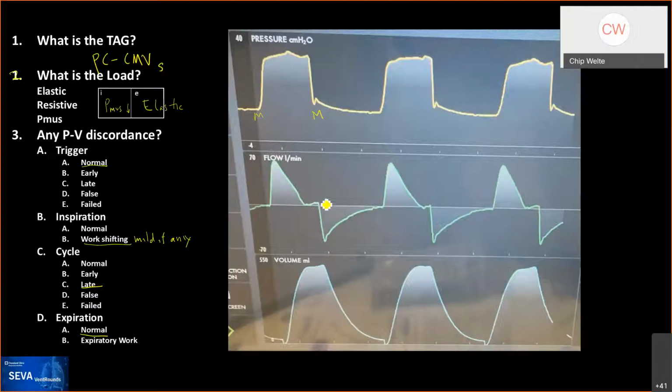And that's the key observation there, Chip: if you put an end inspiratory pause in, you can do it either on pressure control or on volume control, the flow would be 0 under those circumstances. And you can see that here we can see some oscillations on the flow as if the patient was perhaps inhaling during that period of time, correct? Right.